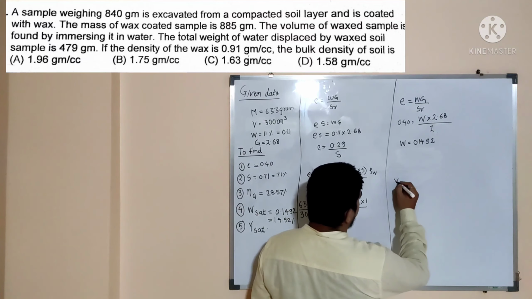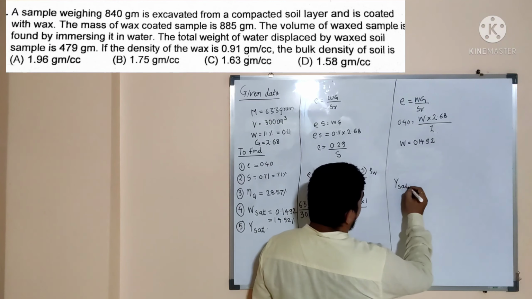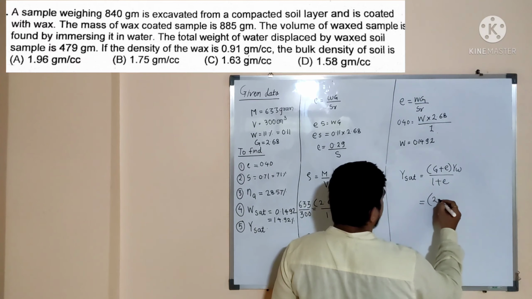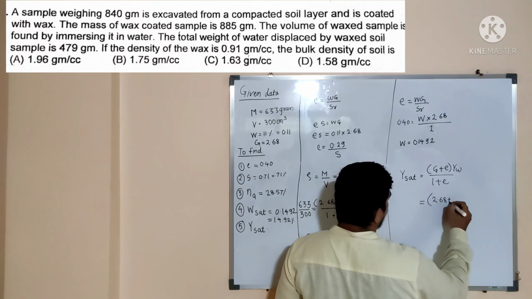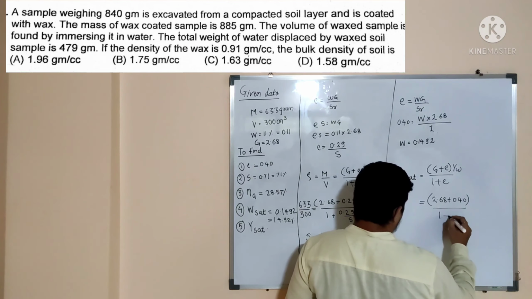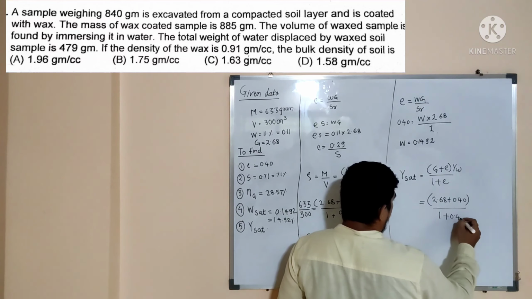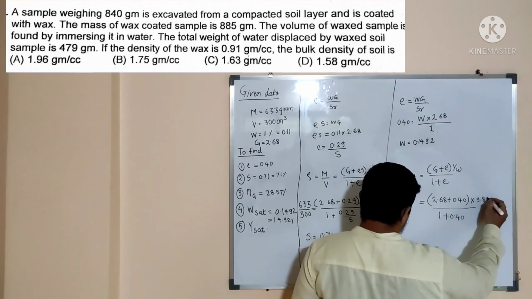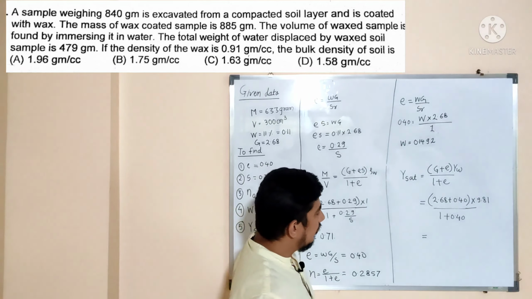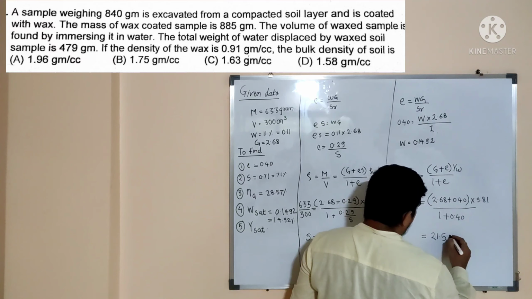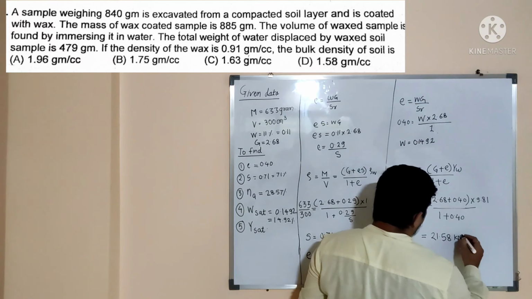Now we need to find out gamma saturated. For gamma saturated, the formula uses G as 2.68, e as 0.40, and gamma_w as 9.81, which gives 21.58 kilonewton per meter cube.